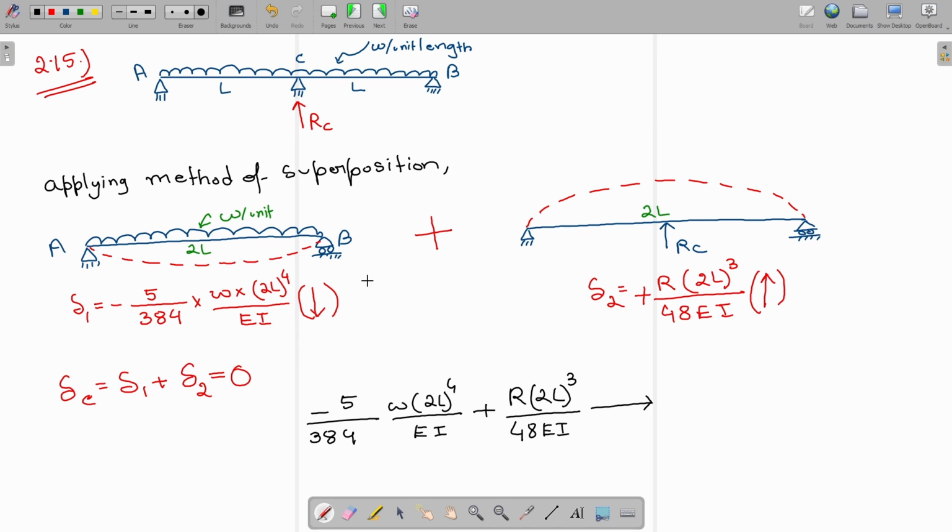After solving, we get that RC is equal to 5 by 4 WL. This is the reaction acting in the upward direction.